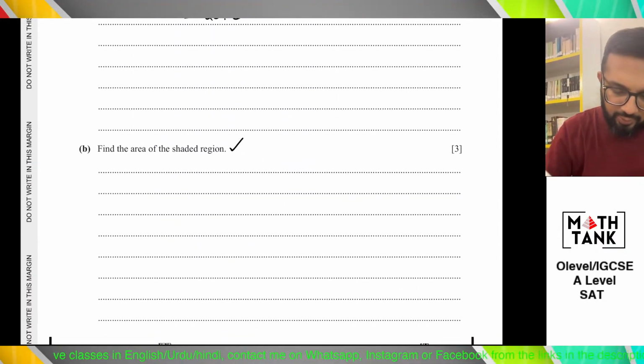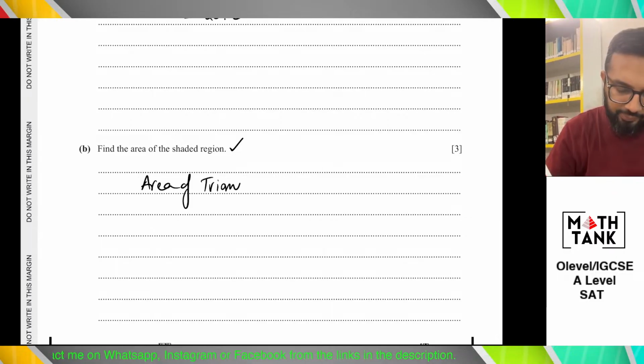And the area of the shaded region, so that's just area of triangle minus area of sector.